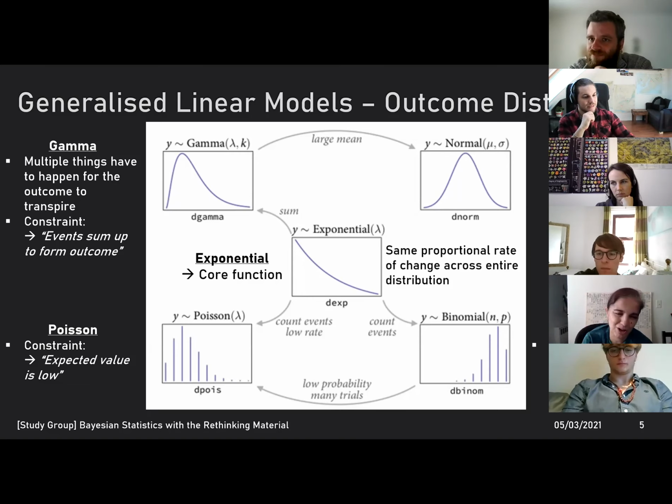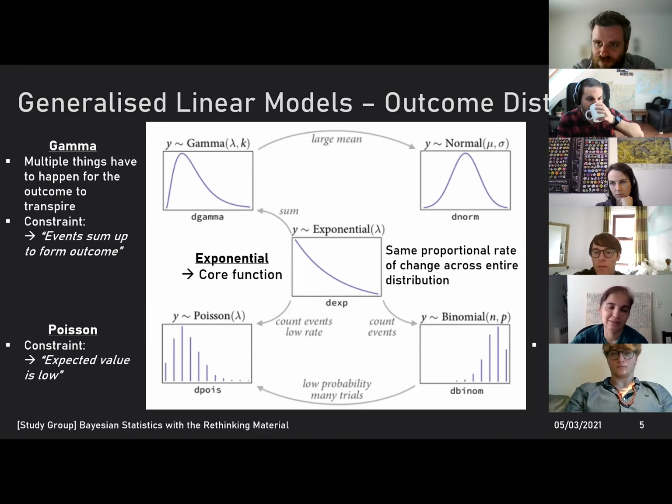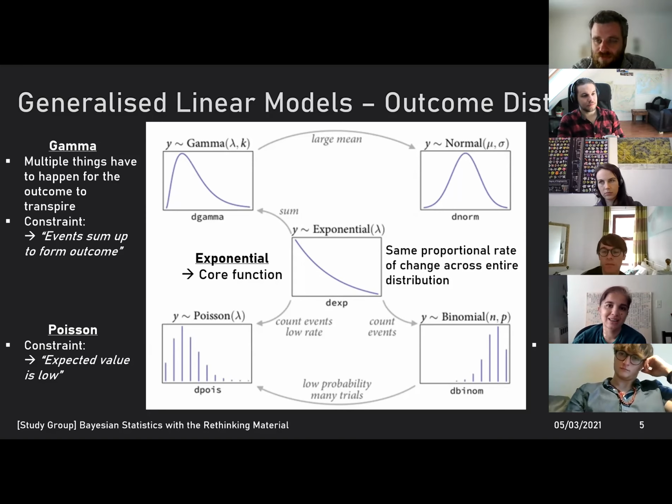Also, I'm not sure I'm going to say this correctly, but for example, the binomial has a binary outcome, and the possibilities may happen with a certain probability. So you have a coin that can be fair or not, and you toss it and get heads or tails.